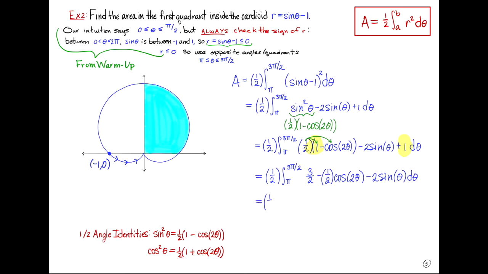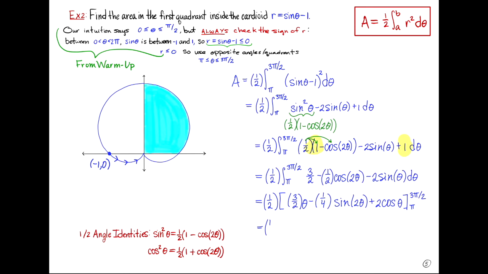Integrating with respect to theta gives us 3/2 theta minus 1/4 sine of 2 theta plus 2 cosine theta from pi to 3 pi over 2.